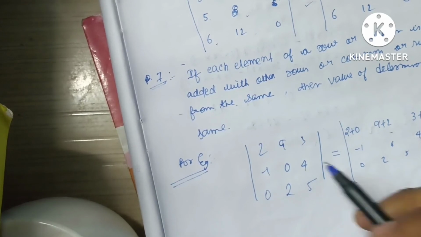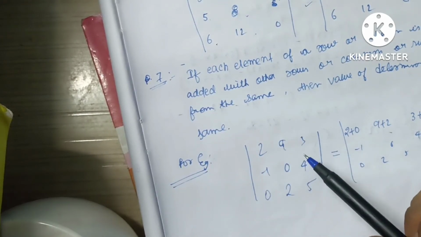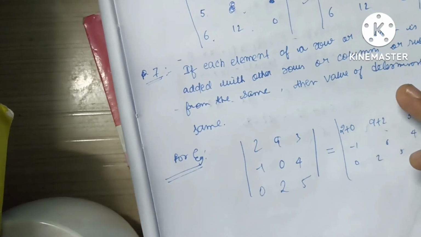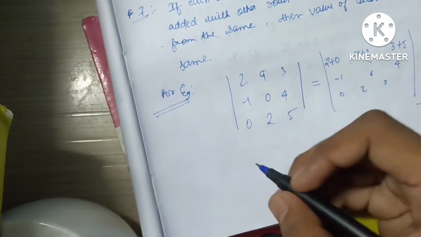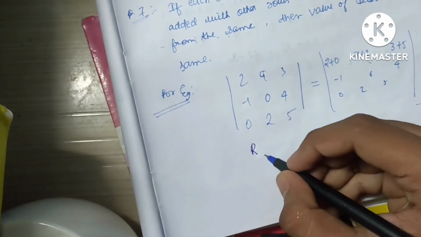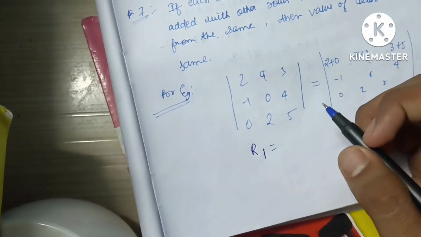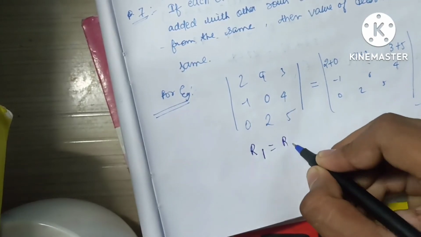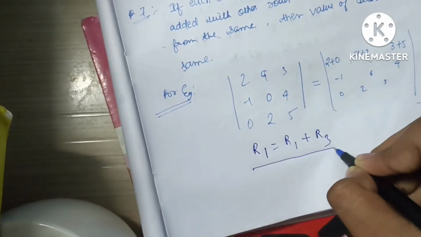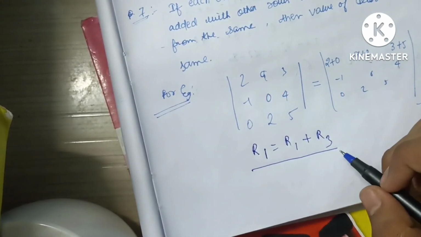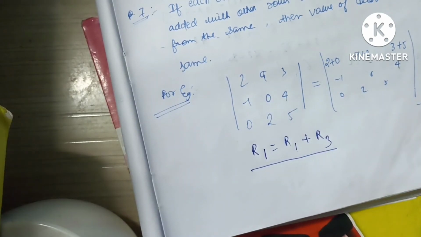So we have taken an example of a determinant, and let us see how we have simplified this. We have changed row 1 into row 1 plus row 3.